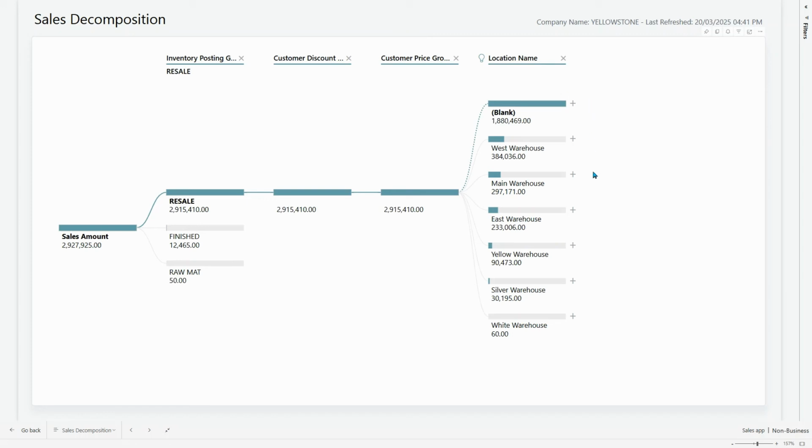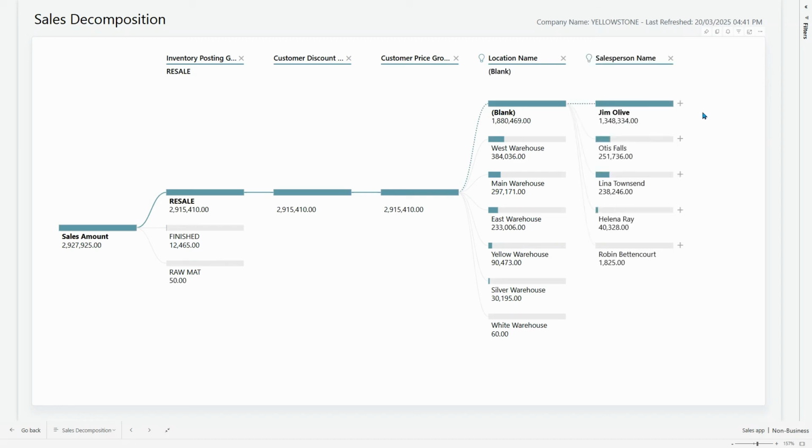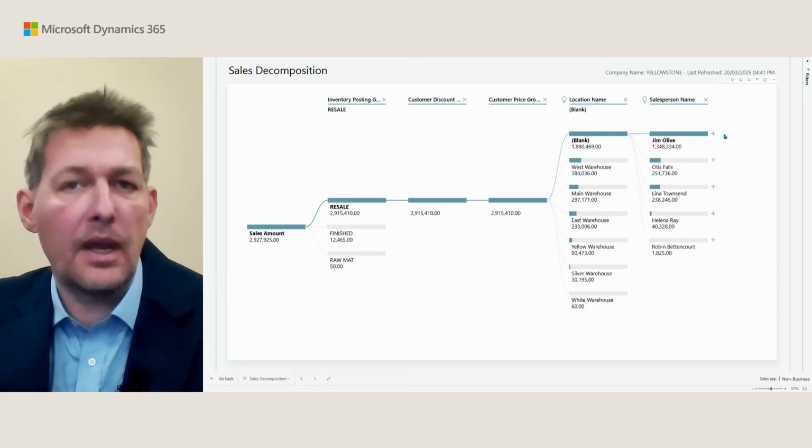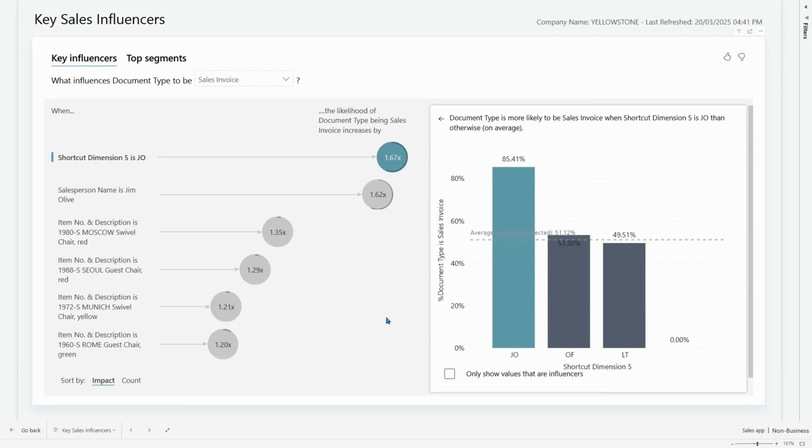And here we have the contributors for that, of which blank, the entries with no warehouse, is contributing the most. And I can just expand on and on and on. Here I can see that Jim is killing it, at least in this part of it. So that's the sales decomposition AI-assisted report.